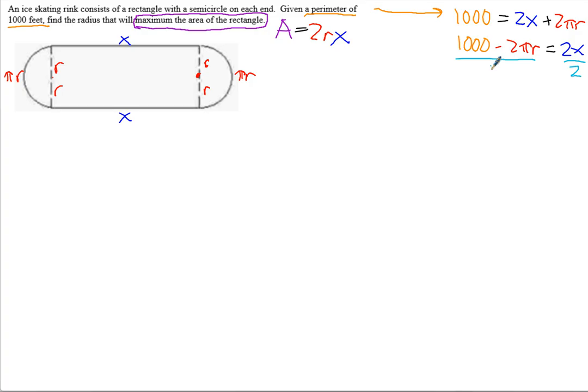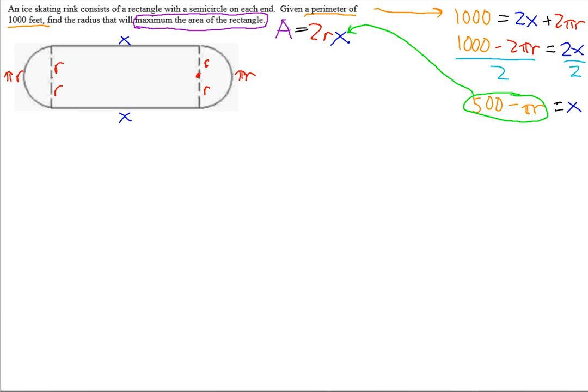So you can leave it as a single fraction like this, or you can split it up, especially on this one since both of them divide evenly. It's probably easier if we split it up. So 1,000 divided by 2 is 500 minus 2 pi r divided by 2. The 2's reduce out, so you just get pi r. So now we can take that 500 minus pi r and substitute that to replace the x right here.